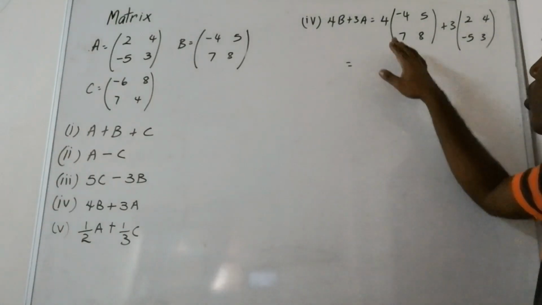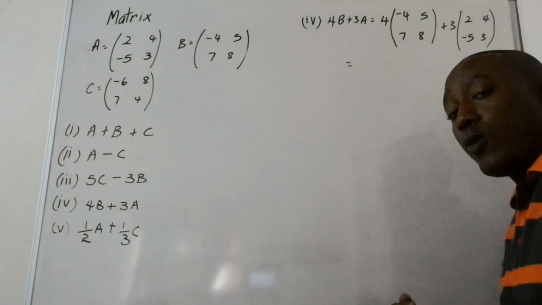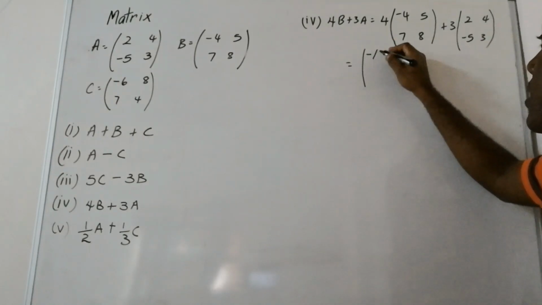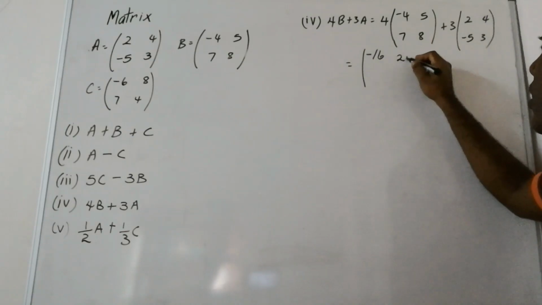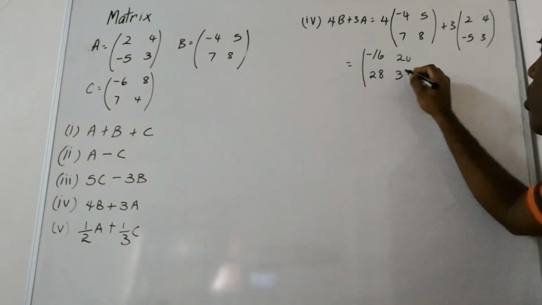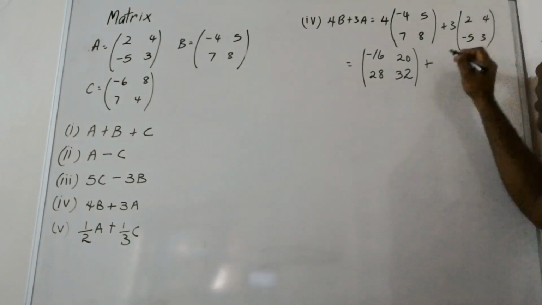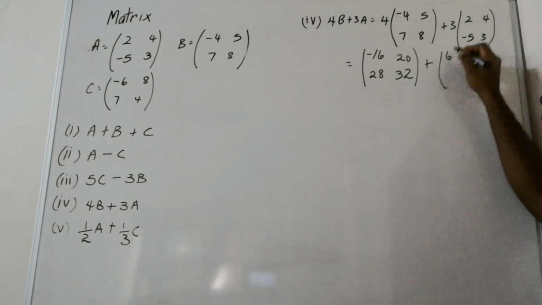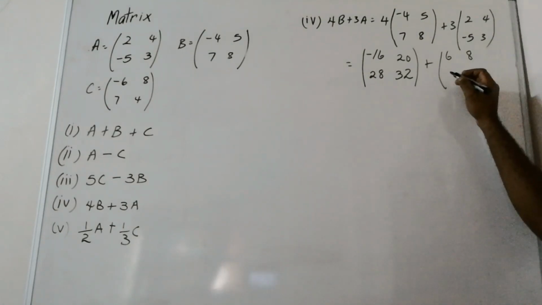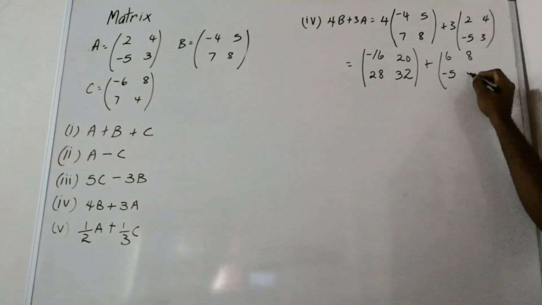So the first thing you do, you multiply the scalar by our matrix, which will give us negative 16, 20, 4 sevens 28, and 4 eights 32. Plus 3 times 2, which will give us 6, 3 times 4 will give us 8, 3 times minus 5 will give us minus 15, and 3 times 3 will give us 9.